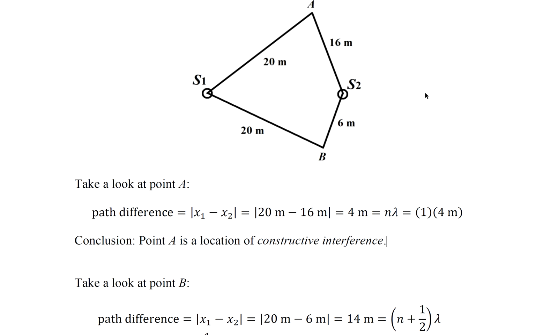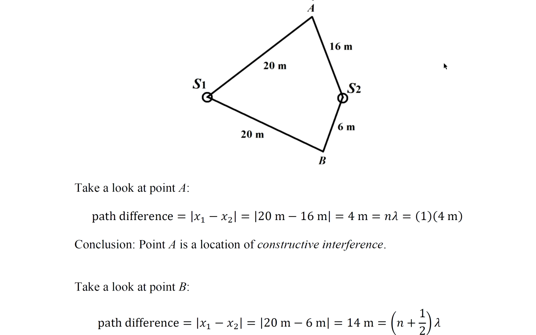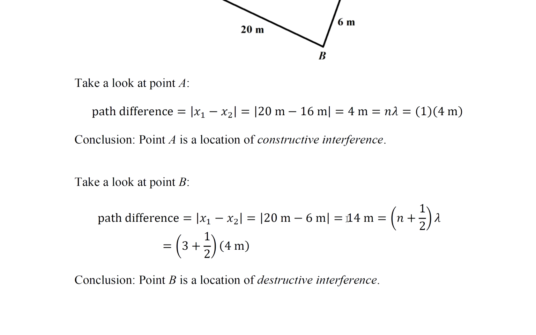Now take a look at point B. What's the path difference to point B? It's going to be 20 minus 6. That's 14. So 14 is on the left side. Okay. What's on the right side? It's n plus 1/2 lambda or n lambda. Lambda is 4. So we're going to have 14 on the left and 4n or 4 times n plus 1/2 on the right.